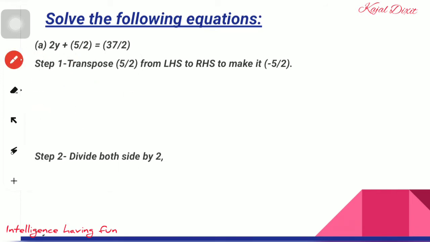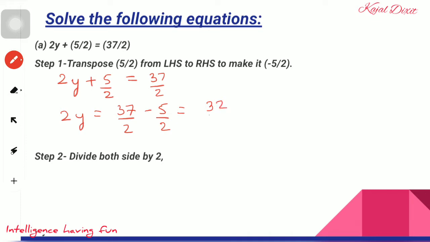Suppose we have the equation 2y plus 5 by 2 is equal to 37 upon 2. So 5 by 2 will be transposed to the other side as minus 5 by 2. On solving we will get the result as 32 upon 2. On further simplification we will get the answer as 16.